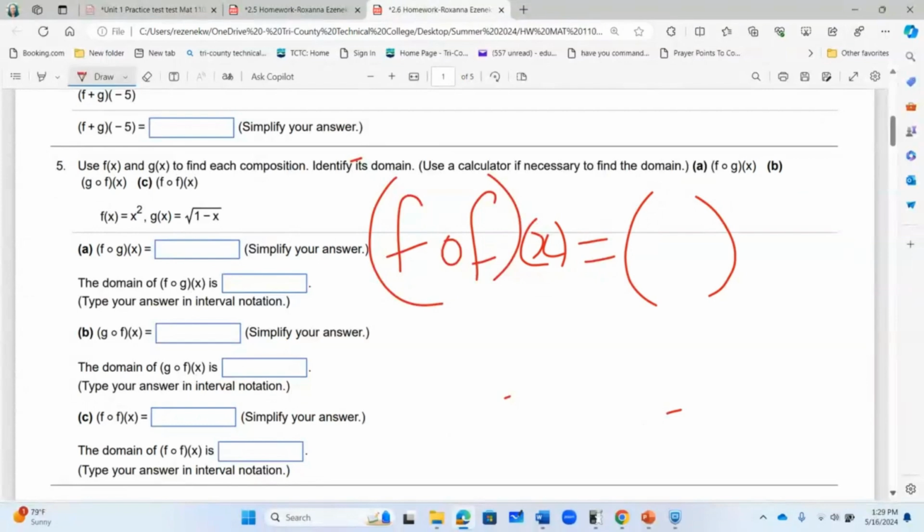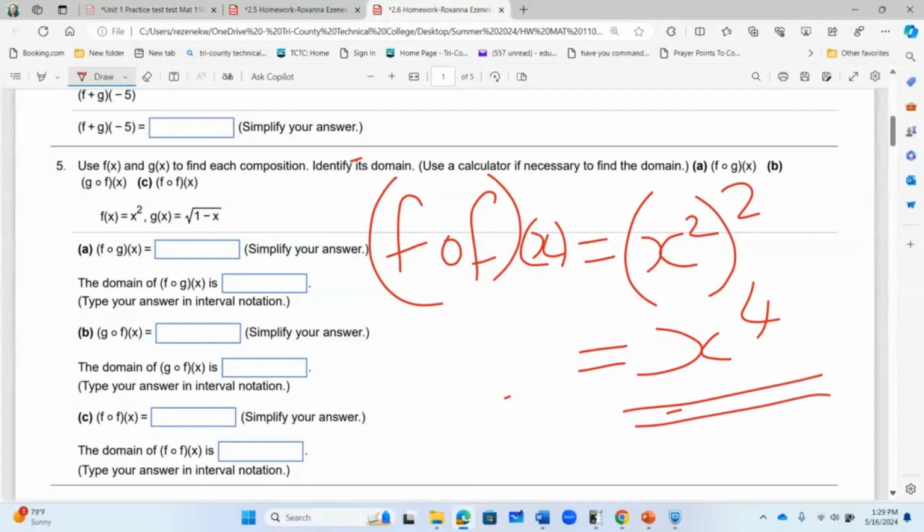This is where my x squared is. So I just put that inside the parentheses. So this is x squared. So I'll put x squared again inside here. So it is x squared squared. And this is the same thing as x to the power of 4. So it changes to a quartic polynomial.